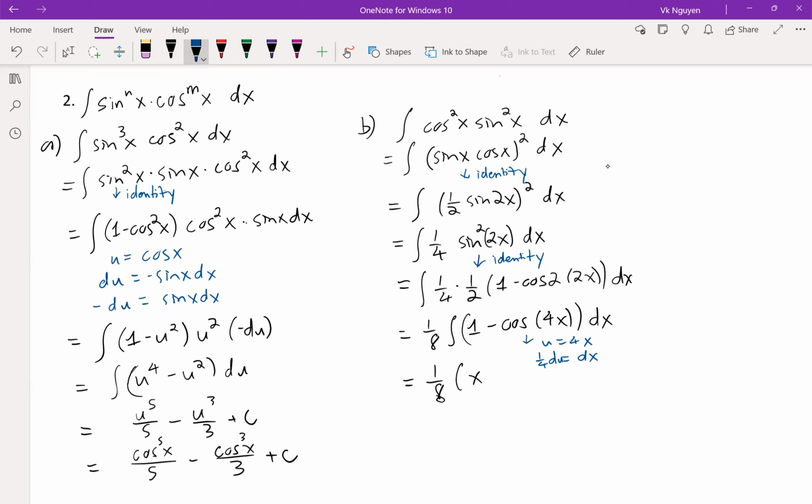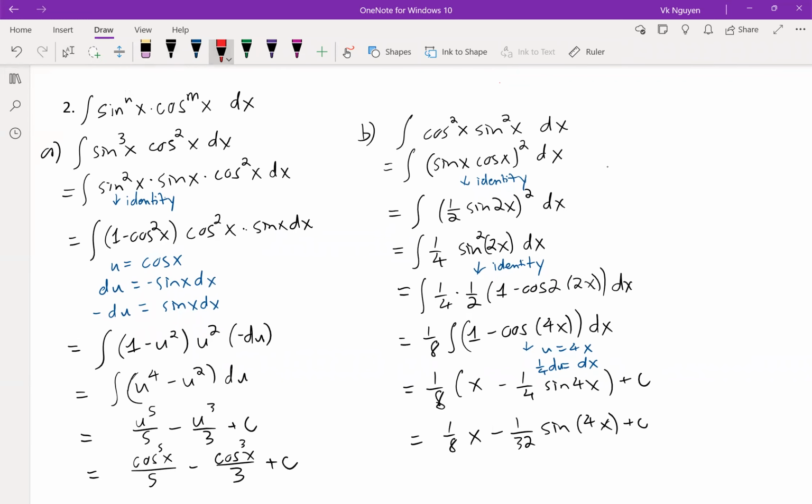The antiderivative of cosine is sine, so we get 1/4 sine 4x plus c, and this gets us 1/8 x minus 1/32 sine of 4x plus c. It's pretty cool.